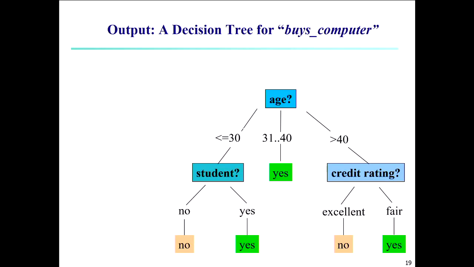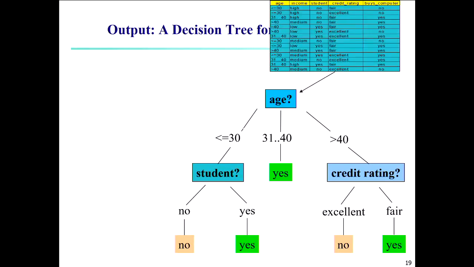In a decision tree, an internal node corresponds to a single attribute, for example age, income, whether he or she is a student, or his or her credit rating.